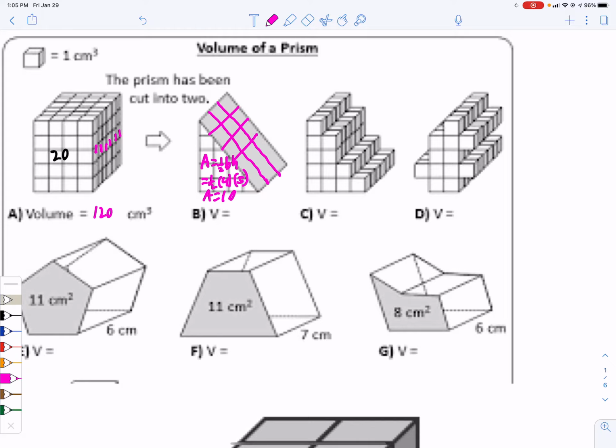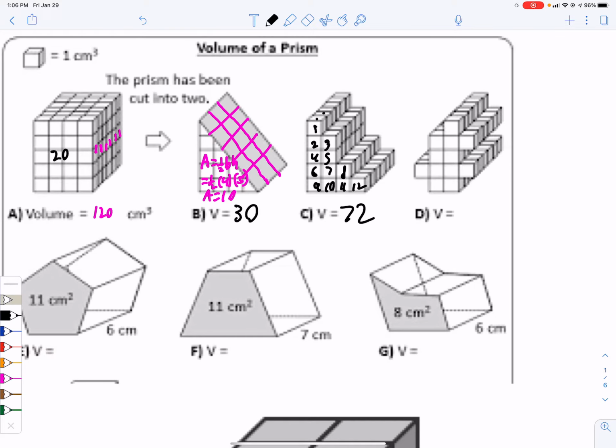So we have 10 in the front sheet, and 3 sheets. So the volume would be 30. This is easier: 1, 2, 3, 4, 5, 6, 7, 8, 9, 10, 11, 12. So there's 12. You have to see how many there are deep: 1, 2, 3, 4, 5, 6 maybe? So 12 times 6 is 72.